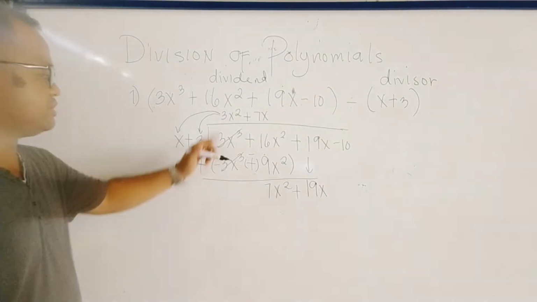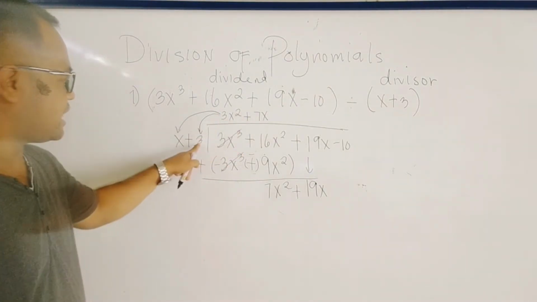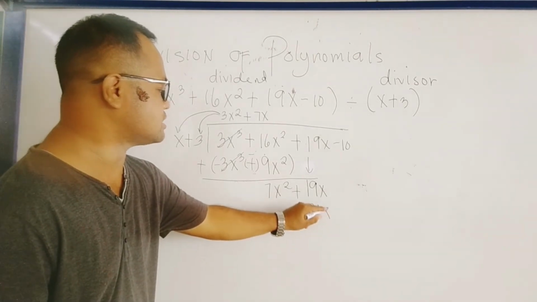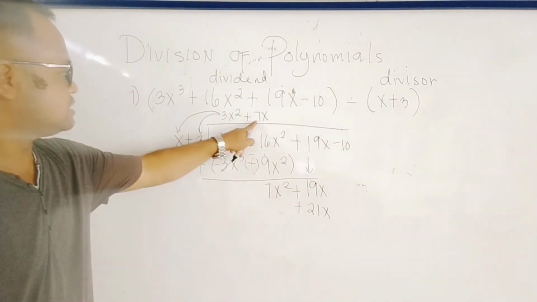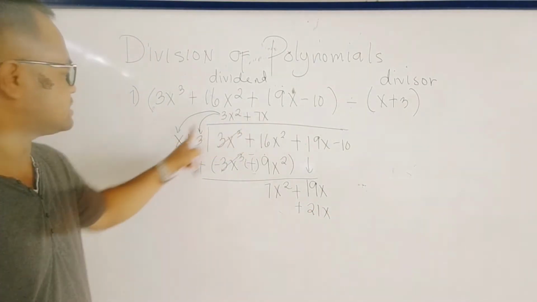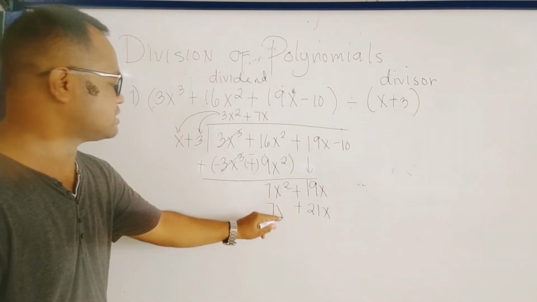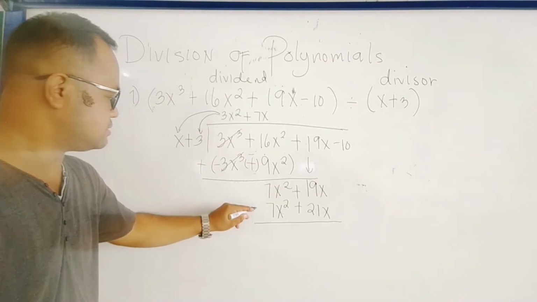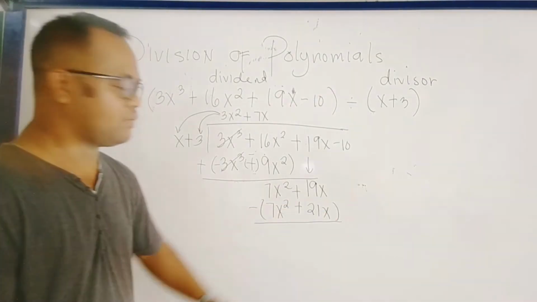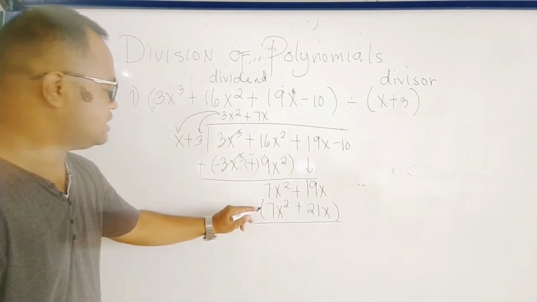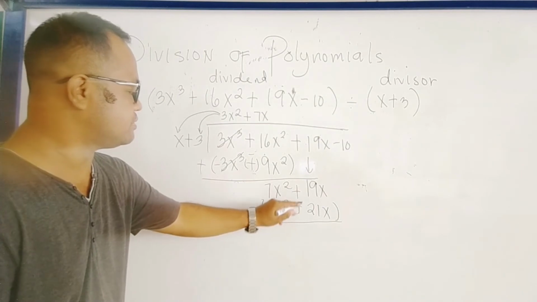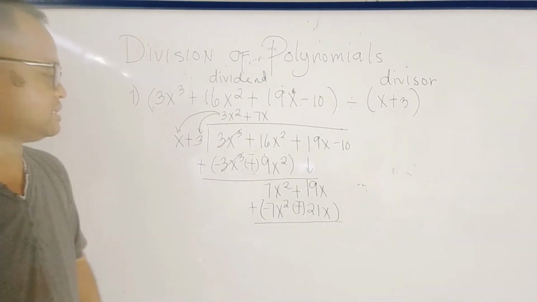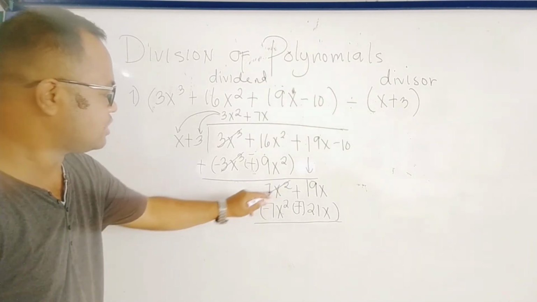Then, after you divide, you multiply. 7 times 3 is positive 21x. 7x times x is positive 7x squared. Then, you subtract. When you subtract, you change the sign, so it will become negative, then the operation becomes plus. Since unlike signs, you cancel it.